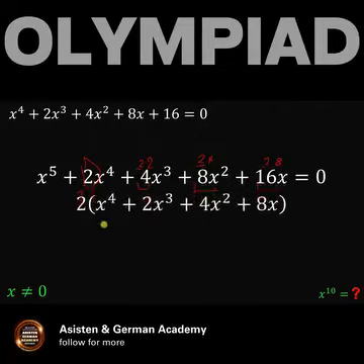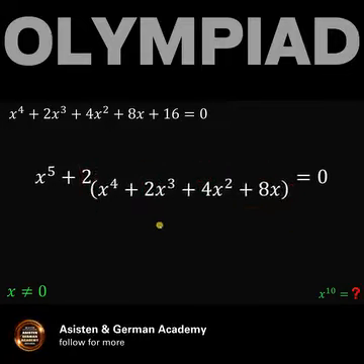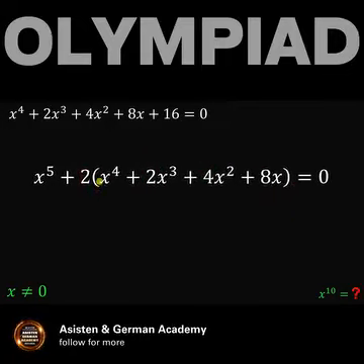And if we do that, we get 2 times the quantity x raised to the fourth power plus 2x cubed plus 4x squared plus 8x. So we can replace our original expression with its factored form. Now, this is familiar, x raised to the fourth power plus 2x cubed plus 4x squared plus 8x. This is the same thing as this given.